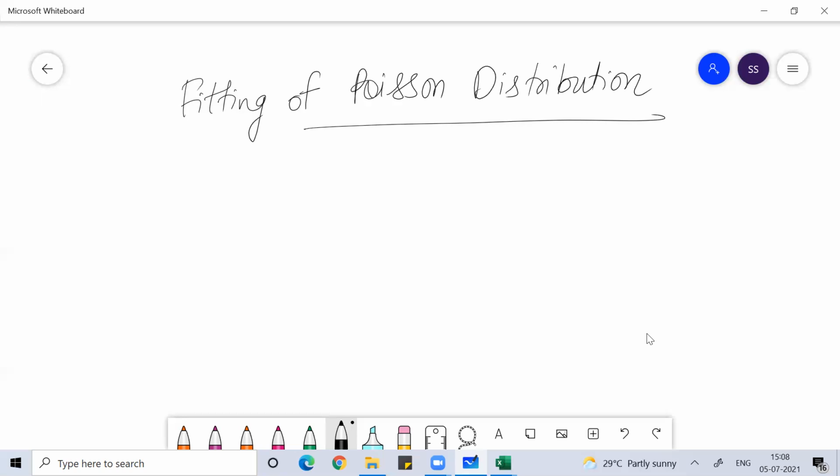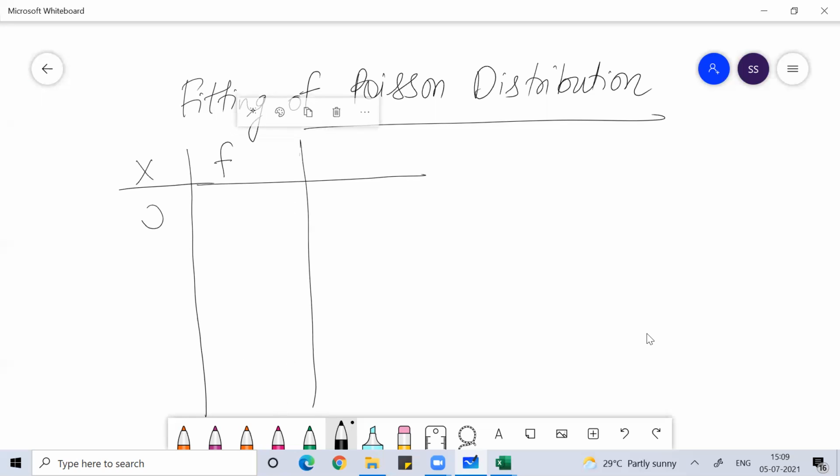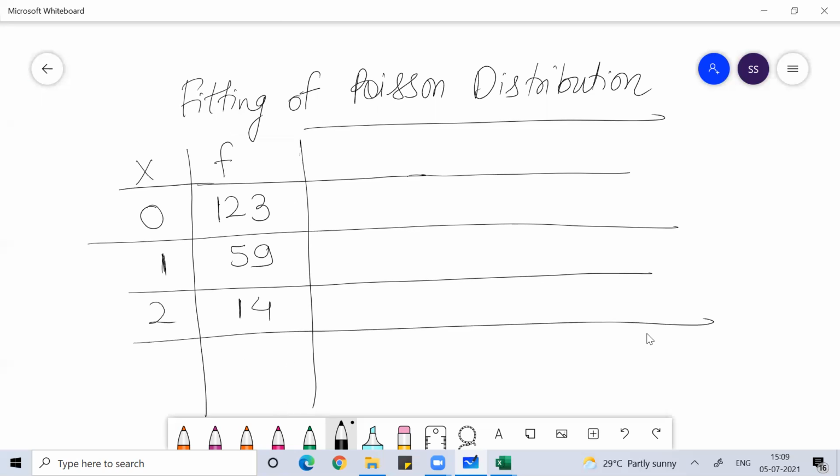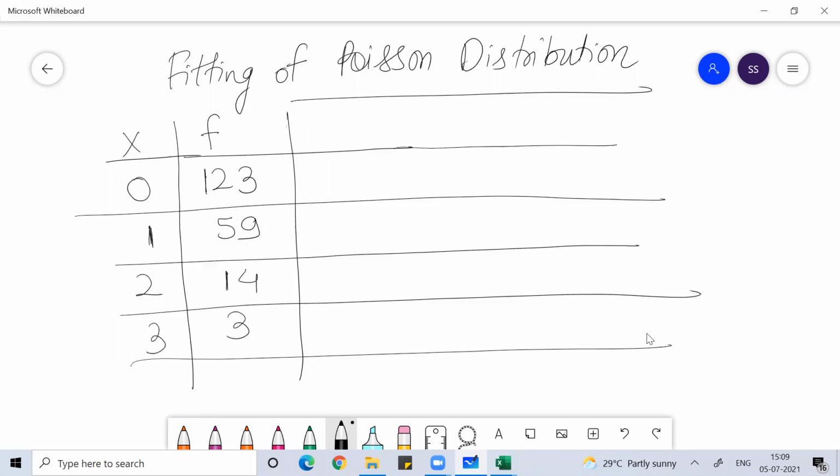When we talk about data, suppose we get the data in the form of class interval and frequency, suppose this is my x, this is my f. So, fitting of Poisson distribution.